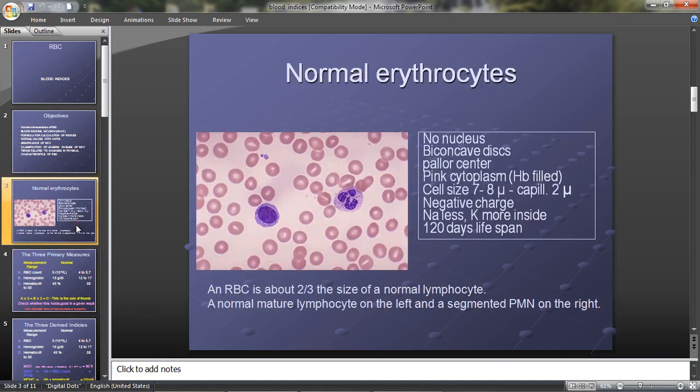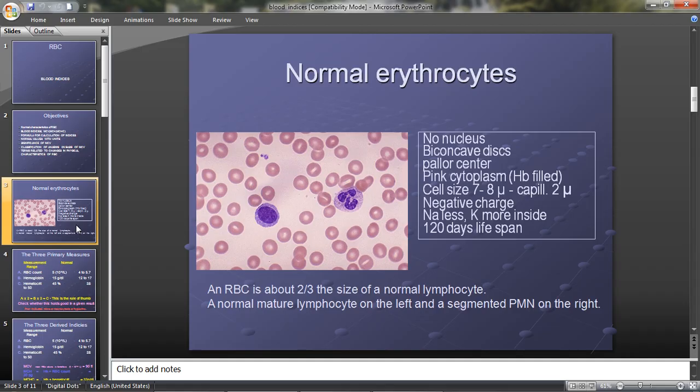Let us consider first the morphological features of the normal erythrocytes. As you know, it is a non-nucleated biconcave disc on a blood smear. The center is paler. There is a pink cytoplasm because of the filled hemoglobin.